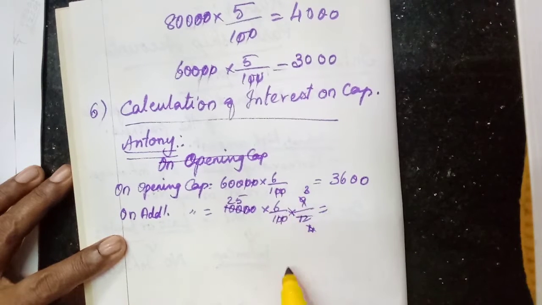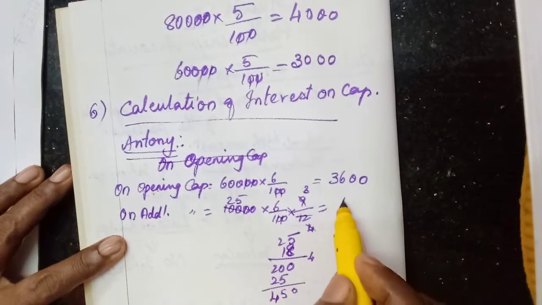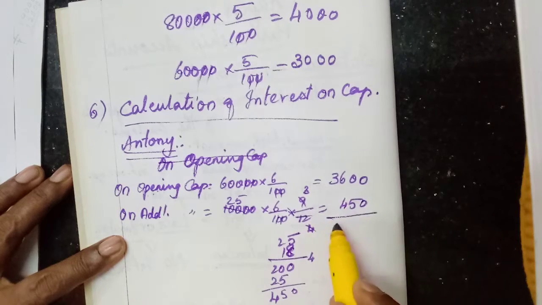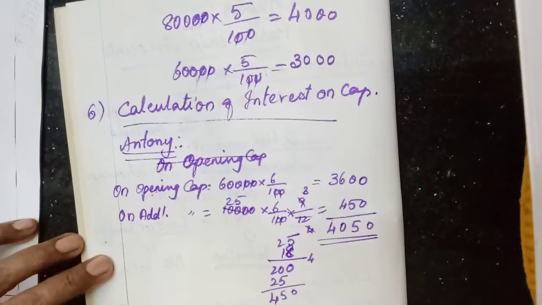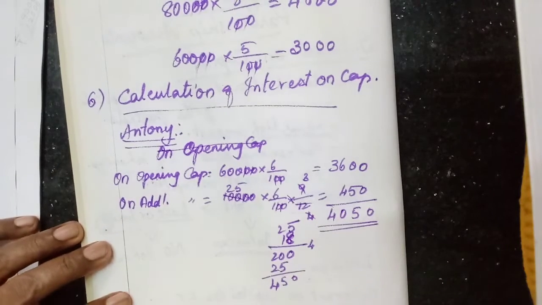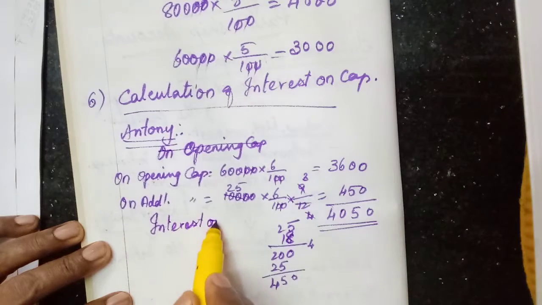So 3 sixes are 18 into 25. 8 fives are 40. Balance 4. 2 eights are 16 plus 4, 20. 1 five is 5. 1 two is 2. So totally 450. So what is the total amount? 4,050 is the interest on capital of Antony.